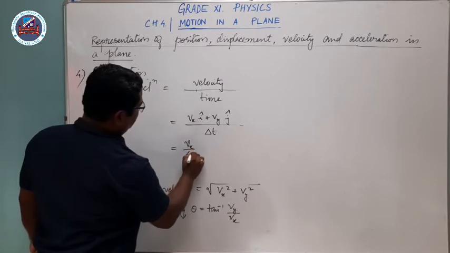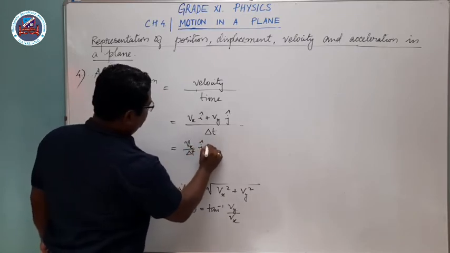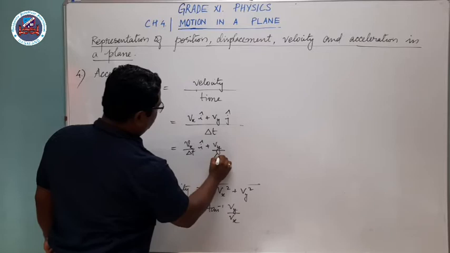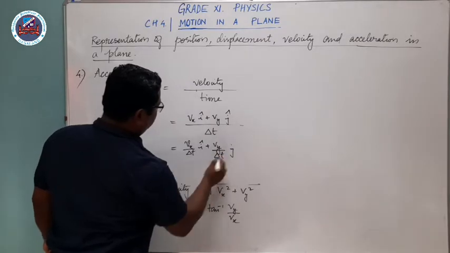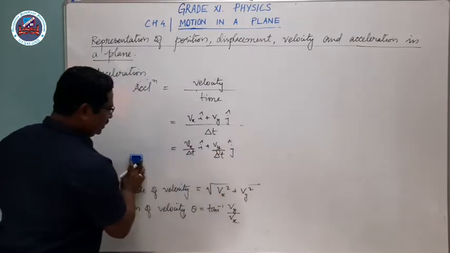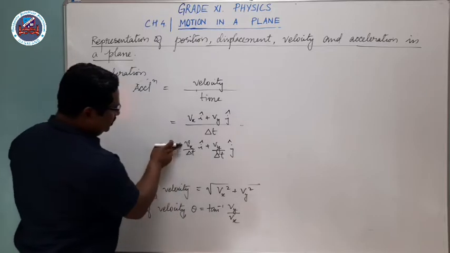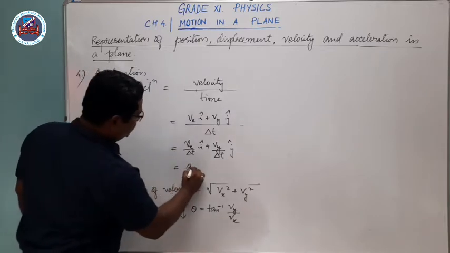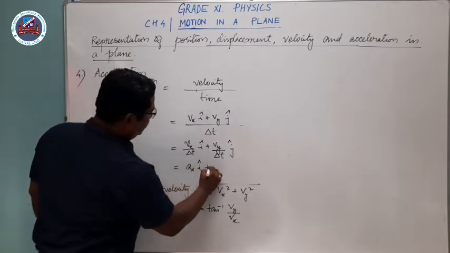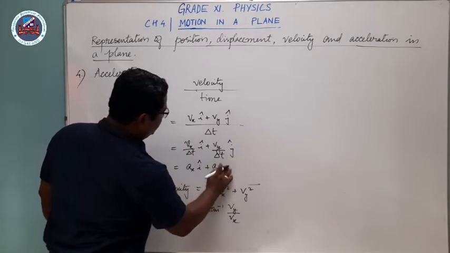Vx by delta t i cap plus Vy by delta t j cap. Then velocity with respect to time is acceleration, ax i cap and ay j cap.